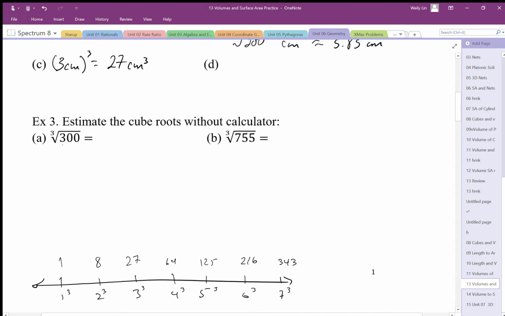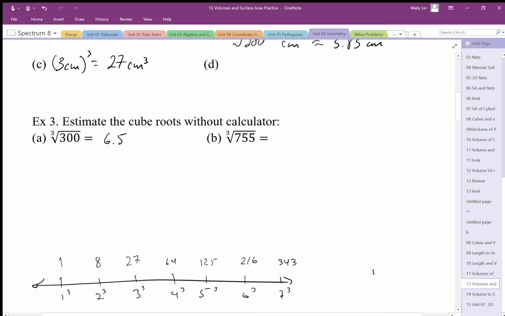So if I want to estimate the cube root of 300, I know it has to be less than 7, because 7 cubed gives me 343 cubes. It's got to be bigger than 6, because 6 cubed gives me 216 cubes. Here we have 300 cubes. So the side length works out somewhere between 6 and 7, and I'm just going to estimate 6.5.